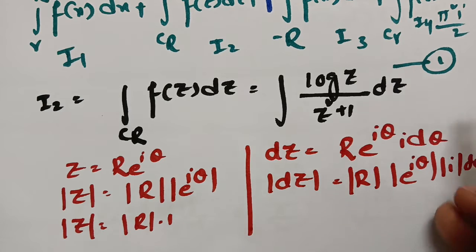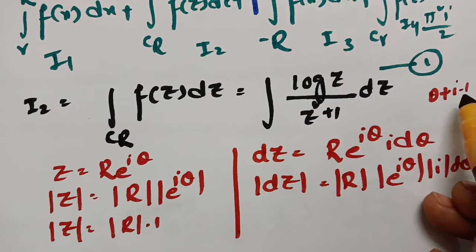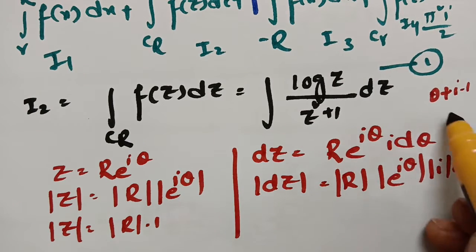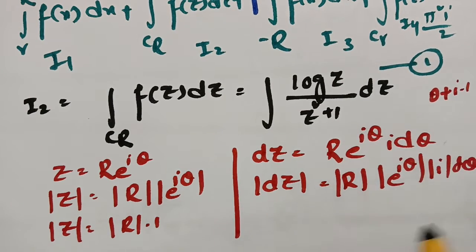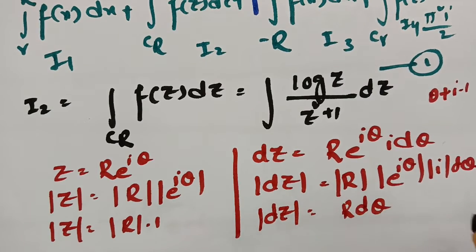And here i can be written as 0 plus 1 into i, and the modulus is root over 0² plus 1², again 1. So what remains? Mod dz is equal to r dθ.